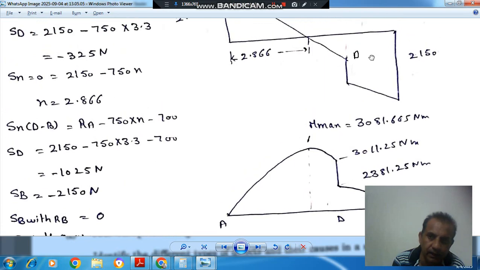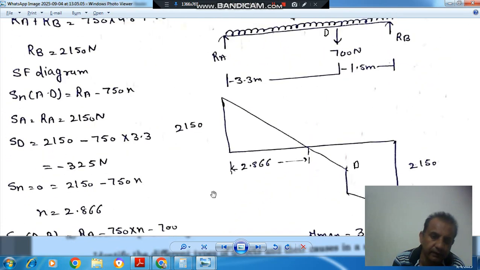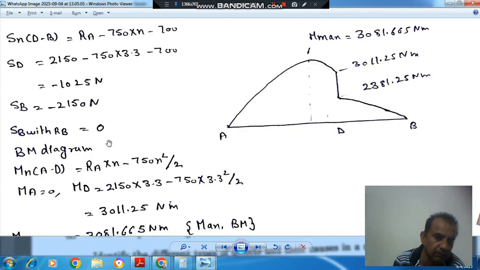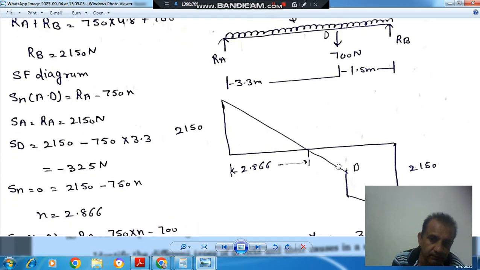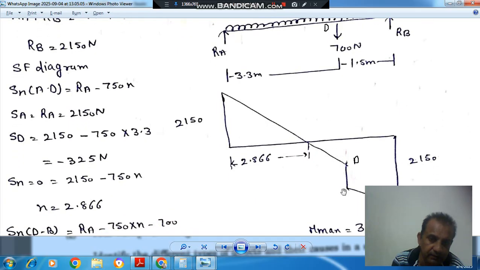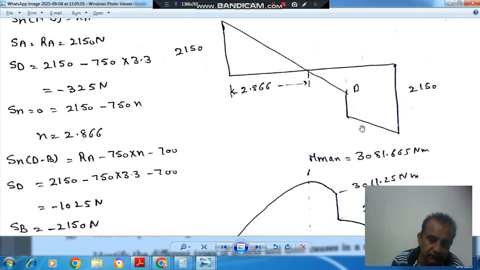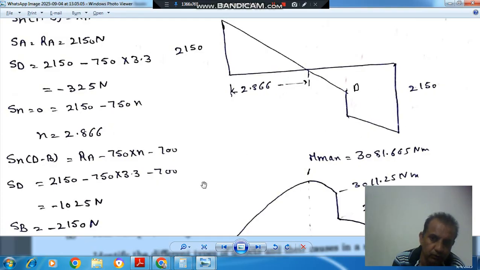And if we add RB, then it will be 0. So this will be the shear force diagram: a sudden increase to 2150, then a gradual decrease, then a sudden decrease, then a gradual decrease, and here a sudden rise to 0.